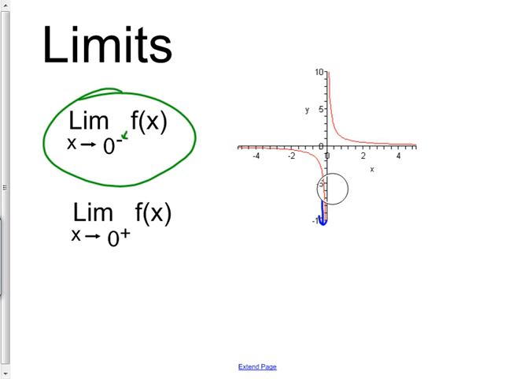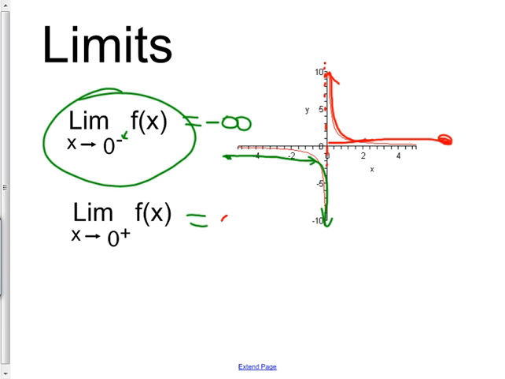That's from over here, heading that way, approaching 0. Then they're talking about this line right there. Negative infinity. The limit of this one as x approaches 0 from the positives. If I'm over here and I'm approaching 0, getting closer and closer to that, then I'm going to get sucked into this one. And I end up at positive infinity.